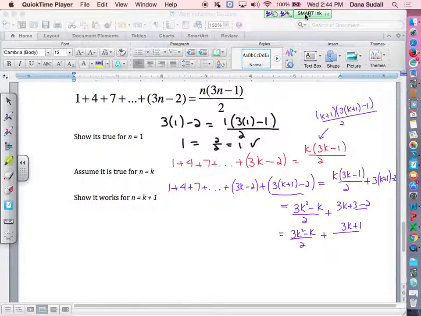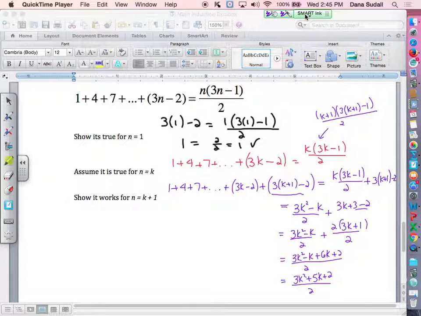Now I'm going to find a common denominator, which means if I put this over 2, I'd have to multiply by 2. So now I can write this as one big fraction over 2, and that's good. I want that final answer to be all over 2. And then I have 3k squared plus 5k plus 2, and that's all over 2.